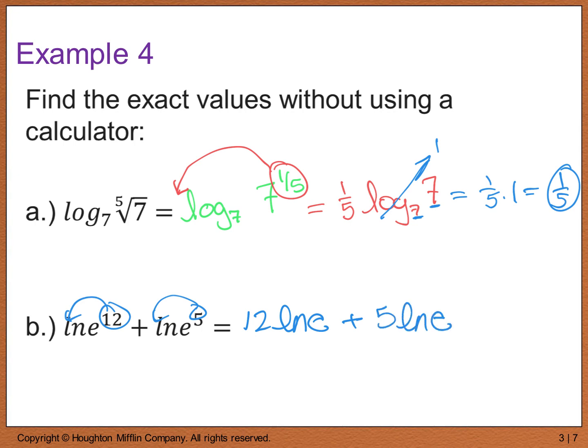And again, we had that property that said if I take the natural log of e, this is going to turn into 1. So really I have 12 times 1, or 12, plus 5 times 1, or 5. So this is going to give me 17. So the properties of logs actually can be quite beneficial.